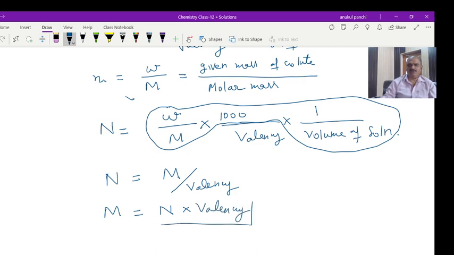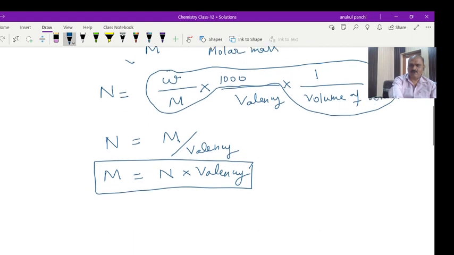Now it should be clear to you that if valency of a solute is 1, then it has the same normality and molarity. Like HCl, a 1 normal solution of HCl is also 1 molar because its valency is 1. But 1 normal solution of sulfuric acid will be 0.5 molar because its valency is 2, and vice versa.